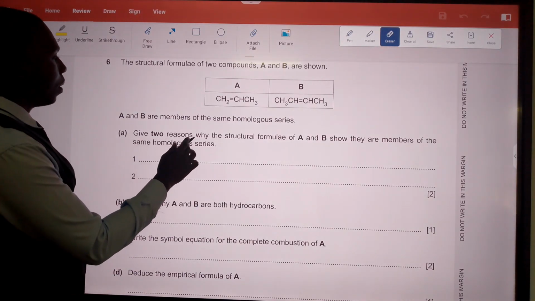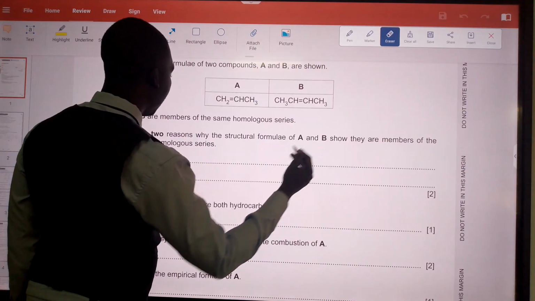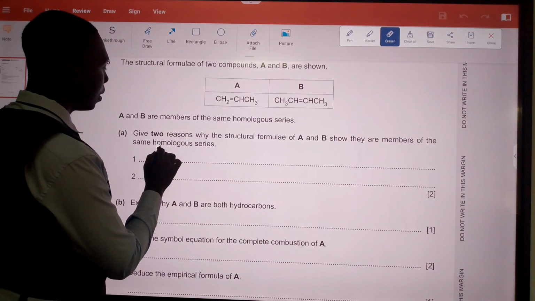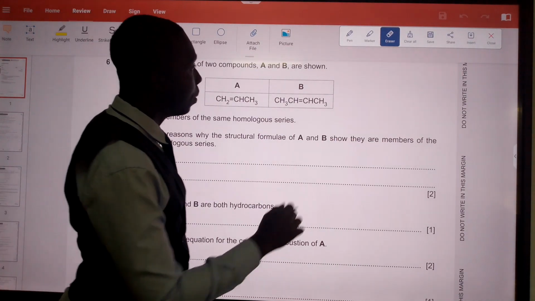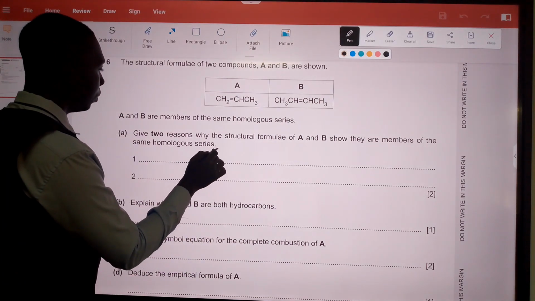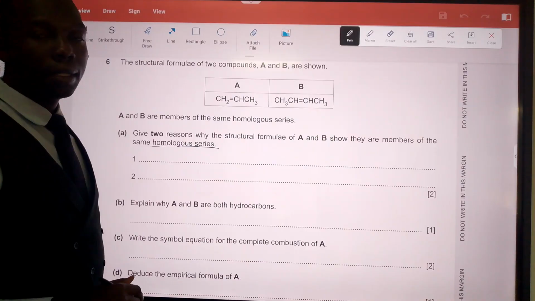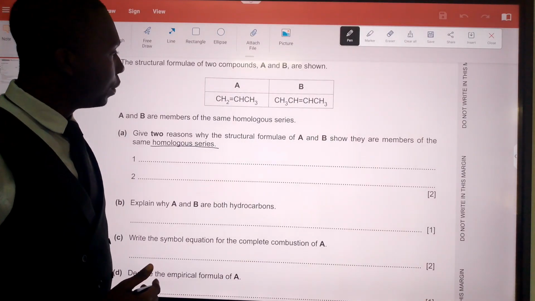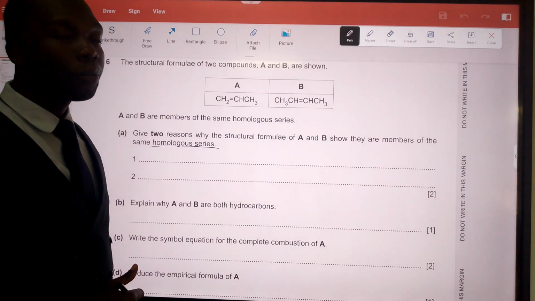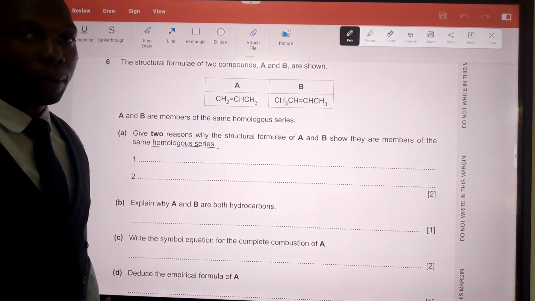Give 2 reasons why the structural formulas of A and B show that they are members of the same homologous series. A homologous series is a family of compounds with the same general formula and chemical properties.